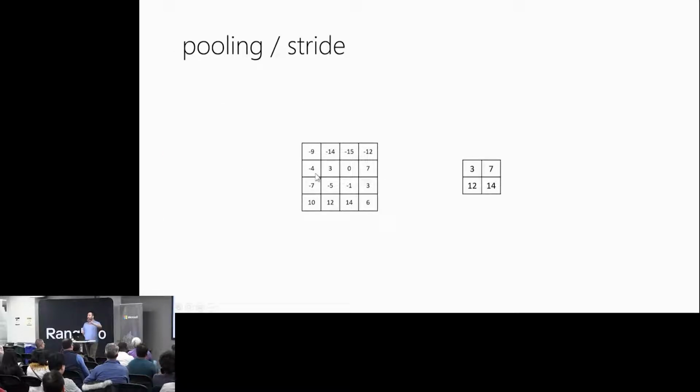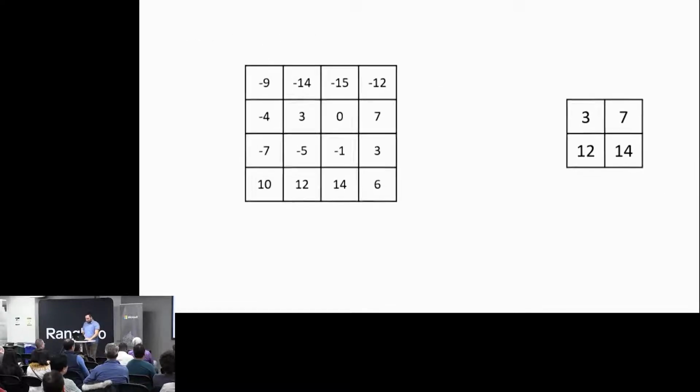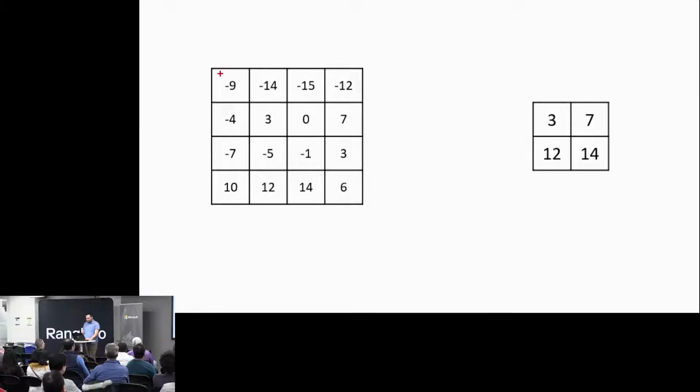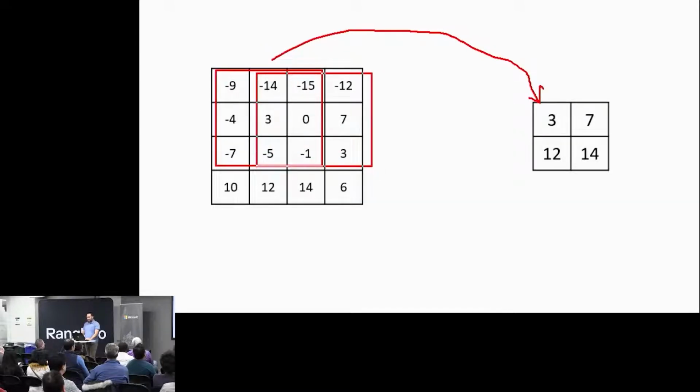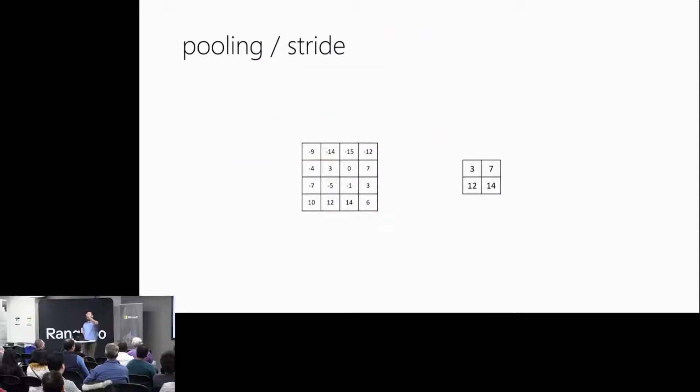What if we want to make the thing smaller after we've done the little filterings? This is called pooling, where we take this box and put the biggest number in here, then take this box and put the biggest number in here, and then do that again. And stride has to do with how much you move over. So are you going to move over just 1 pixel at a time?